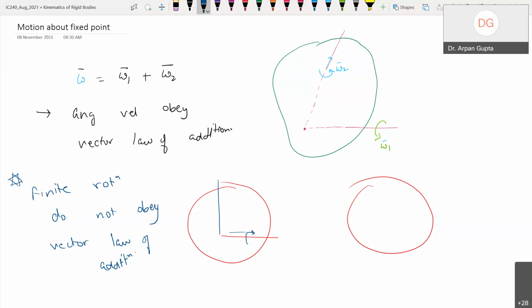So what do I mean by finite rotations? Let's say I have a rigid body, and at first I rotate it by some finite angle, let's say 90 degrees. First I rotate it about the x axis and then about the y axis. Let's consider a point P here. First I rotate it about x and then about y, and it will reach somewhere here, right?